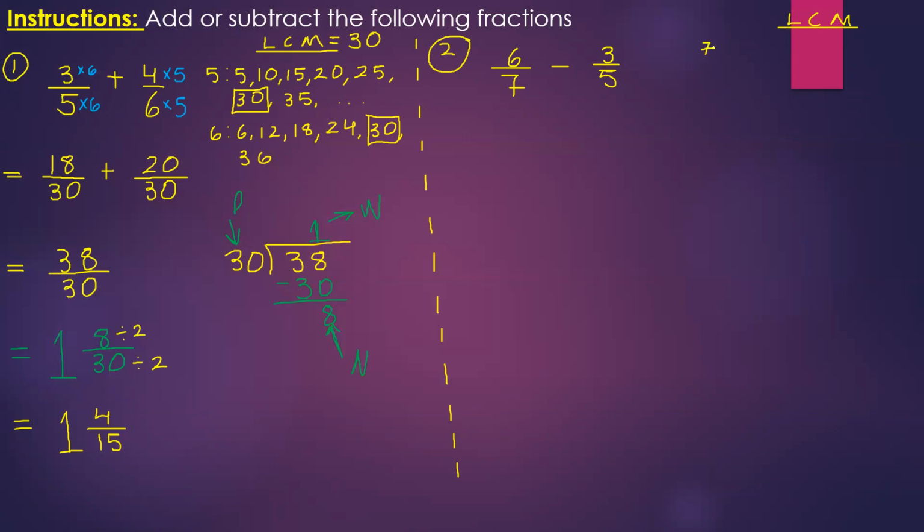What are the multiples of 7, Leo? 7, 14, 21, 28, 35, 42, and 49.